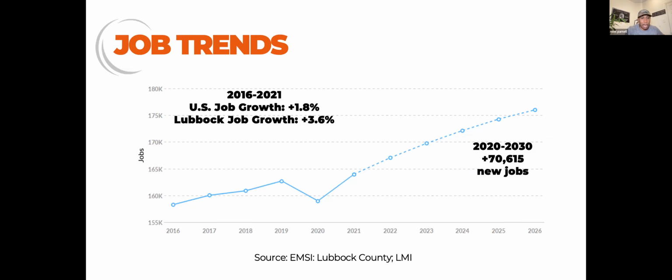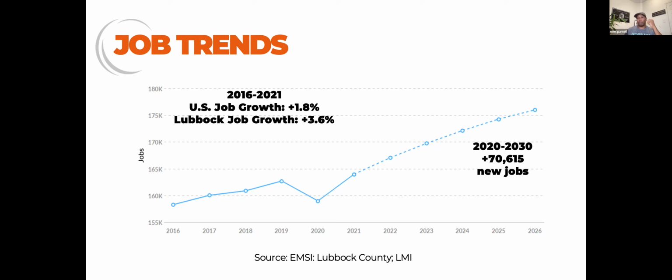This is reiterating the job growth. My eyes are bad, I'm getting a little old here, so I have to get up close. But when you're looking at the scale of jobs being created, you have 70,000 new jobs that are going to be created between now and 2030. Right now, Lubbock does not have enough people to fill these jobs.